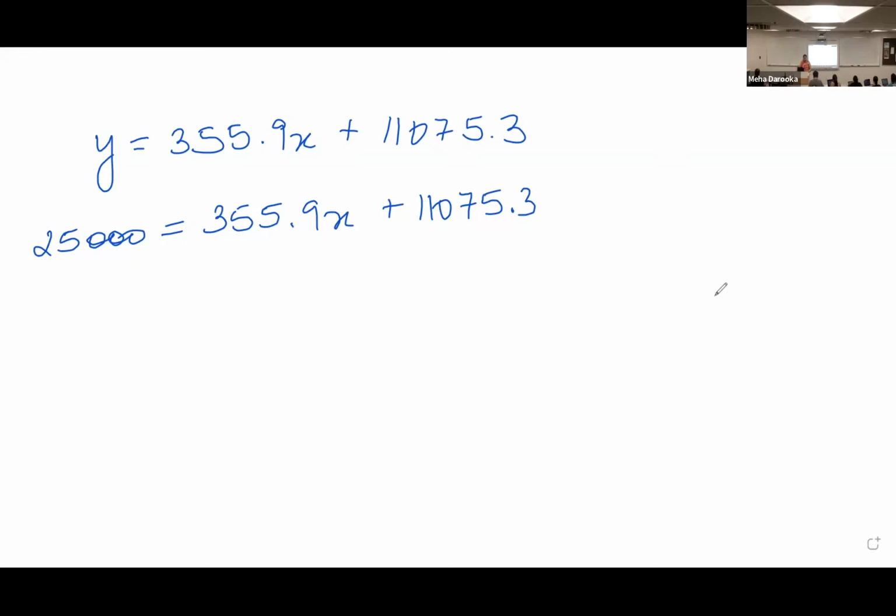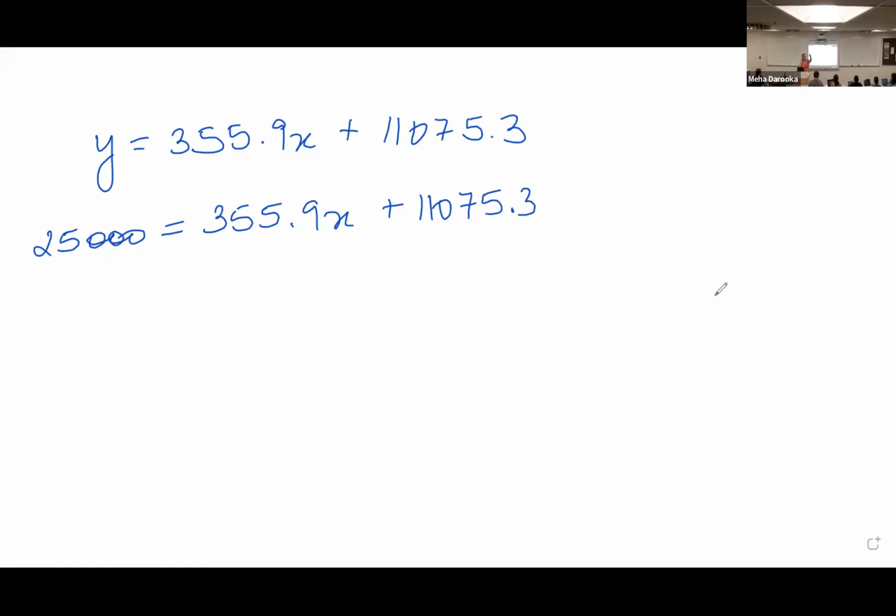If anybody, can you tell me what your X value came out to? No, it should not be even close to that number. It's too large. 39? Anybody else?